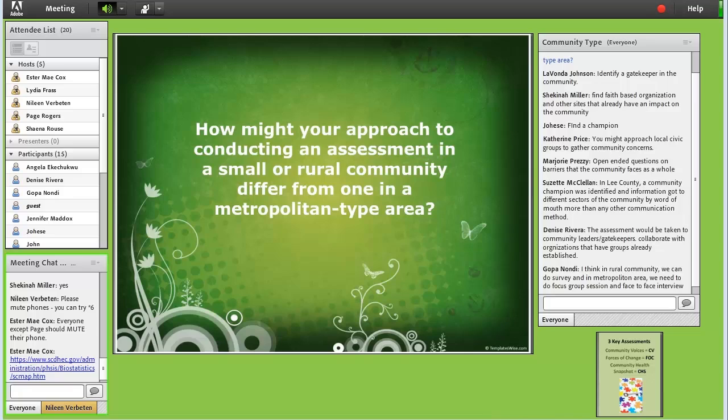I just think logistically that's difficult. Whereas in a small place, usually you see pretty much the same folks at pretty much all the meetings, so it's kind of easy to gather those folks together to help you get your information.